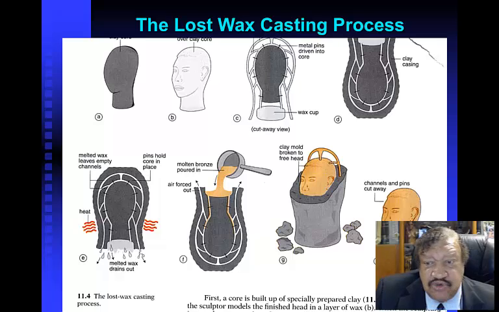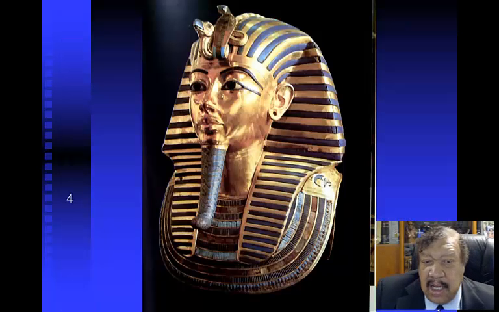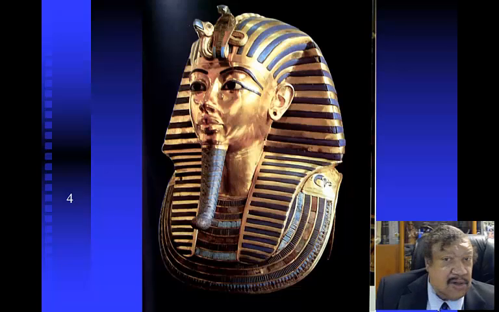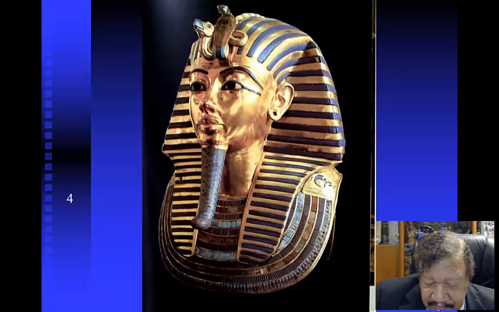And when the core is removed, you have that metal piece of sculpture. That's what we call casting. So you should be able to notice this solid gold mask that was made some 3,000 years ago, Tutankhamun's mask, that was cast. That's all you put next to that number.